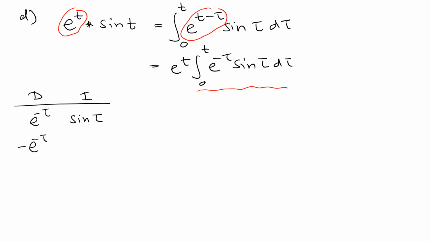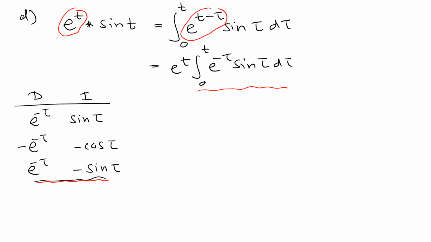Take the integral, this is the sine, so that means a negative cosine. And then take the derivative again, so it's e to the negative tau. And the cosine, so it's a negative sine tau. And we can stop here. The reason is you can see you get a cycle now because you get the same one again. So once you see the cycle, you can stop.